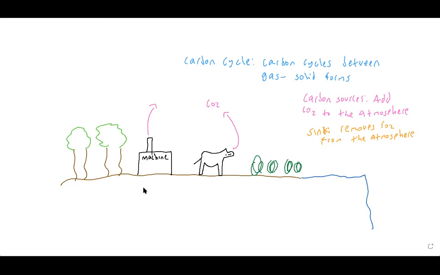Anything that runs on combusting fossil fuels, we'll just call a machine. Also, fires. Yeah, I know. Sorry, trees. So fires are other ways that carbon dioxide is put into the atmosphere. We can't forget about sources of water too. Carbon dioxide also emanates from the water.